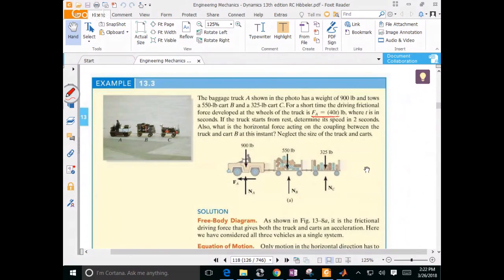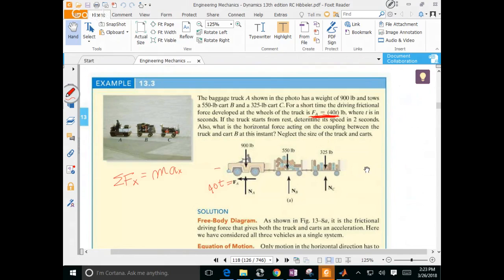He says, I have a non-constant force. And so that messed with me. So I was like, wait a minute. Okay, so if I've got this that's equal to 40t, then I have the sum of the forces in the x equal mass times acceleration in the x.